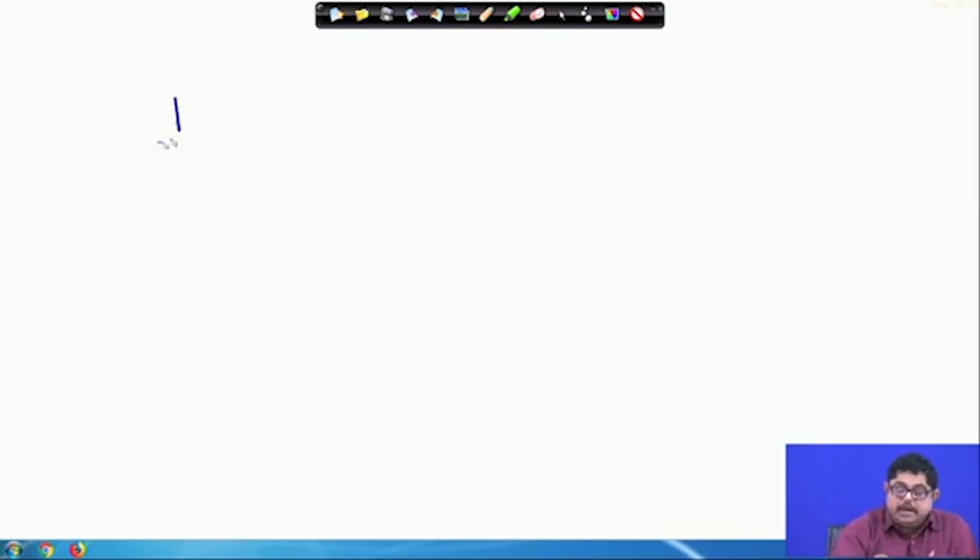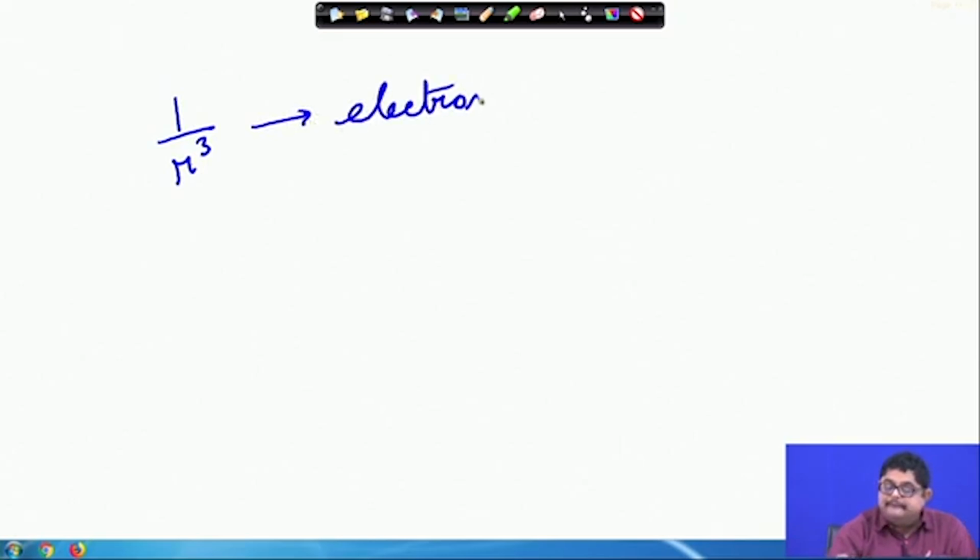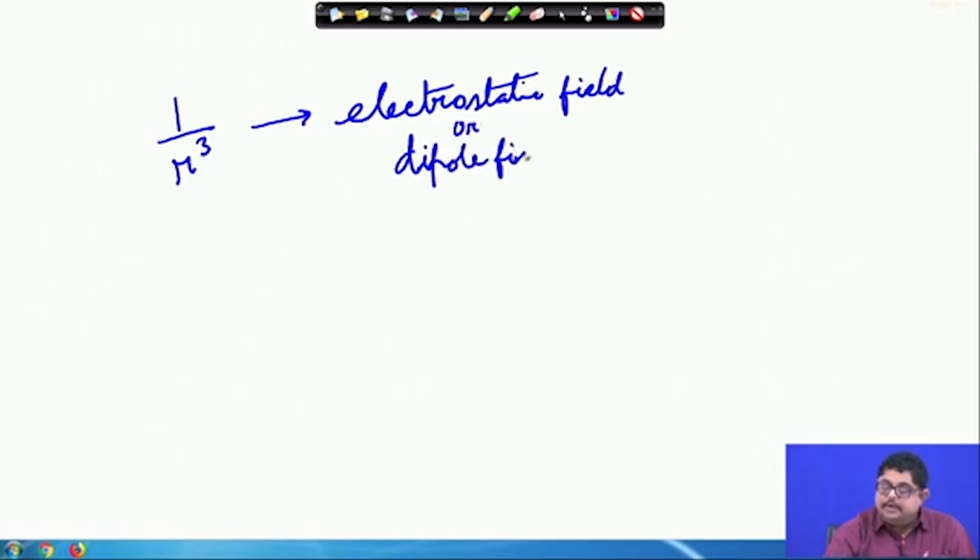They are called 1 by r cube terms, they are called electrostatic field, or dipole field. Now, why this name? I will now explain why this nomenclature electrostatic, etc.